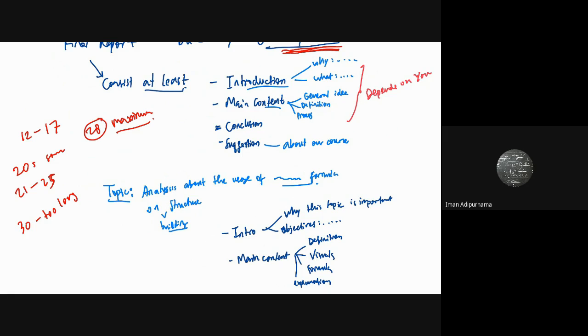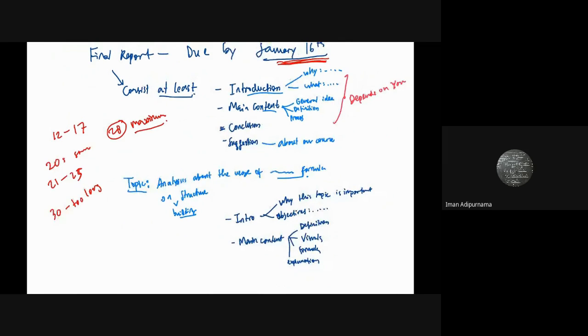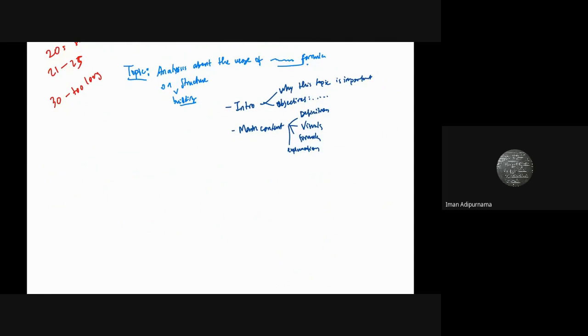So, how to get a good score in this final report? First is how the scoring is based. First is the topic itself: interesting or not.